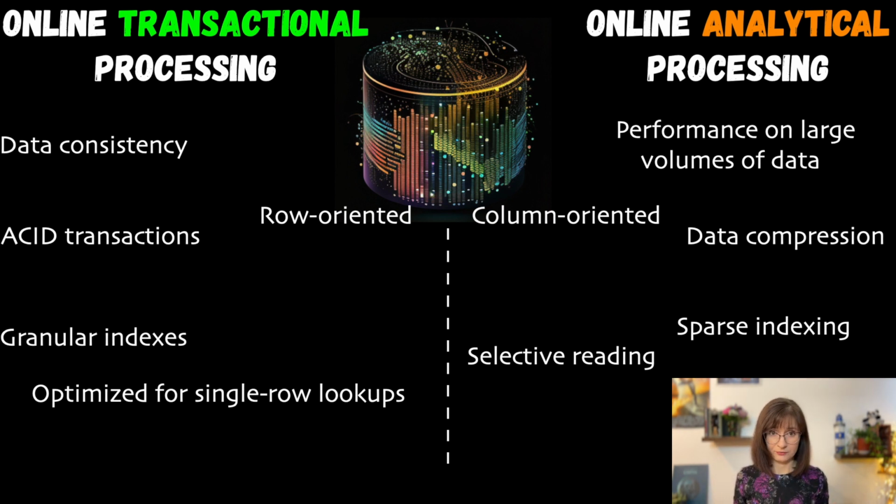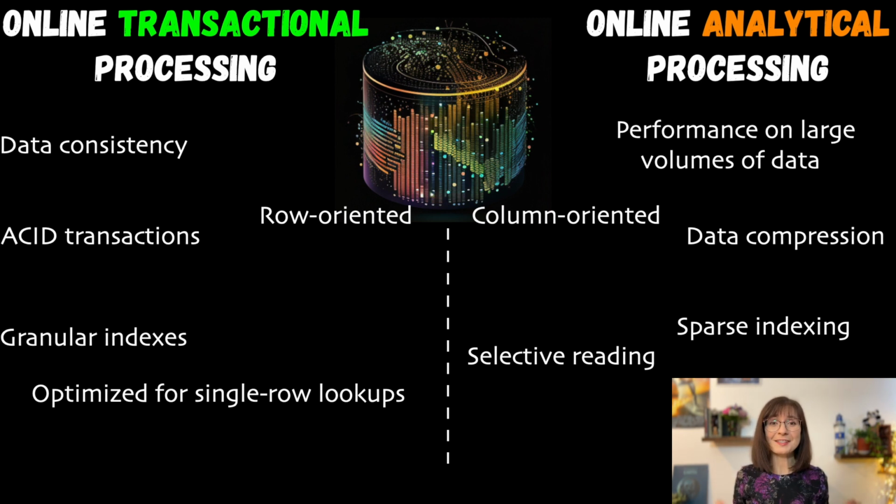Another big difference is the approach to data normalization. In OLTP, we focus on normalizing data to avoid data redundancy, preserve consistency, and save memory. However, this is quite the opposite of what we want in OLAP, because aggregating denormalized data is just way faster.